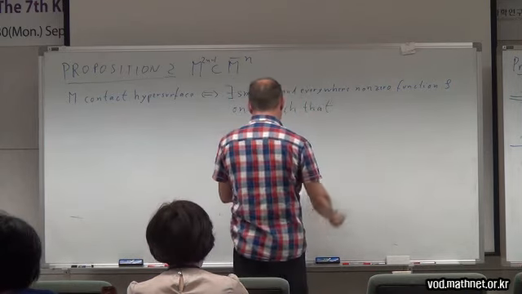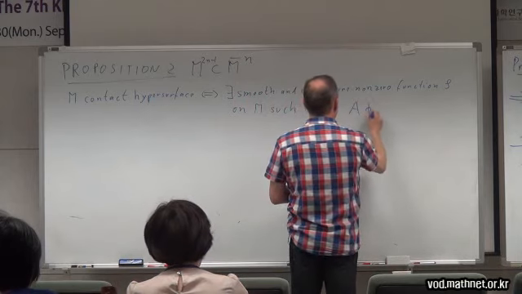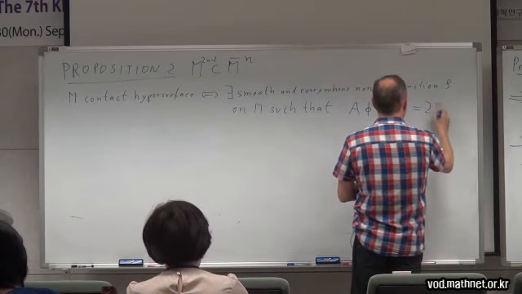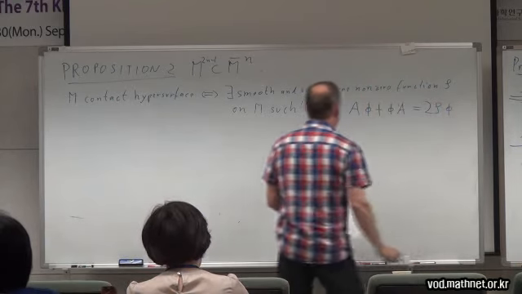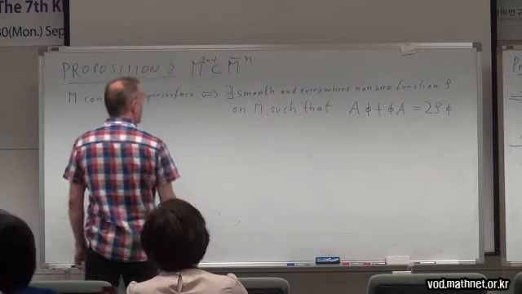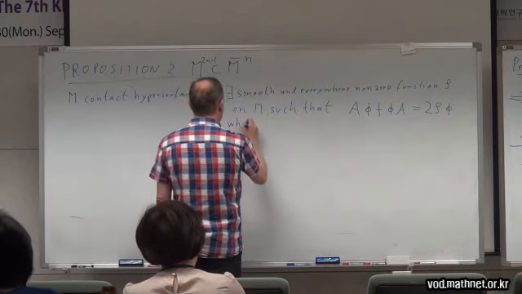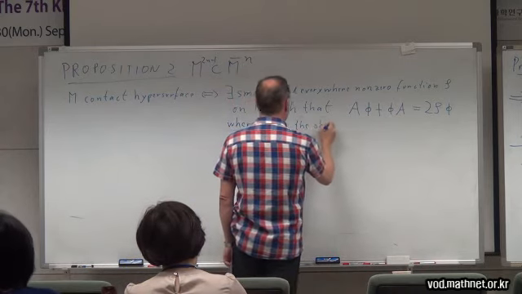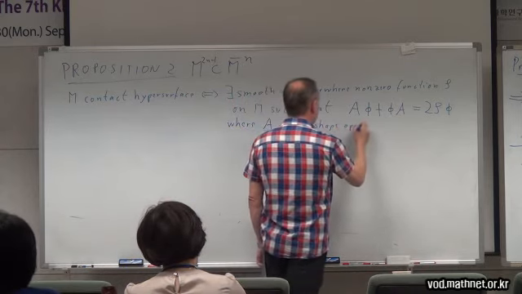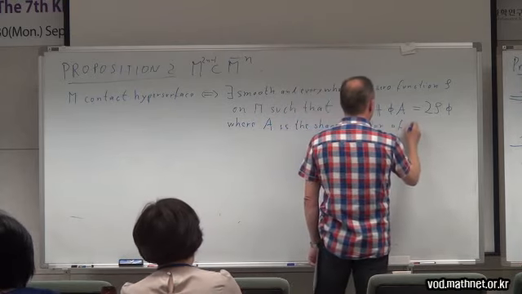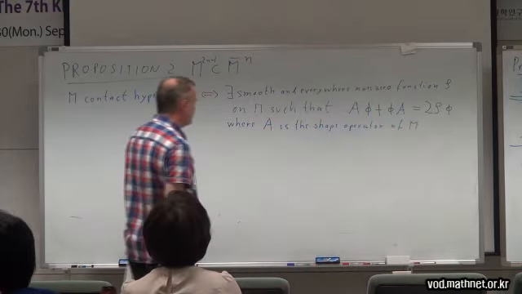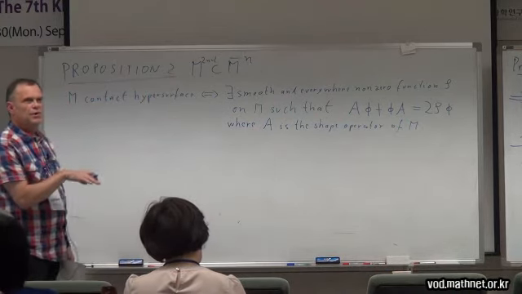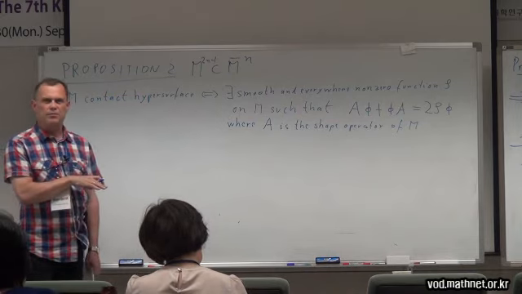such that A phi plus phi A is equal to 2 times rho times phi, where A is the shape operator of M. So this somehow relates the contact condition to some condition on the second fundamental form.